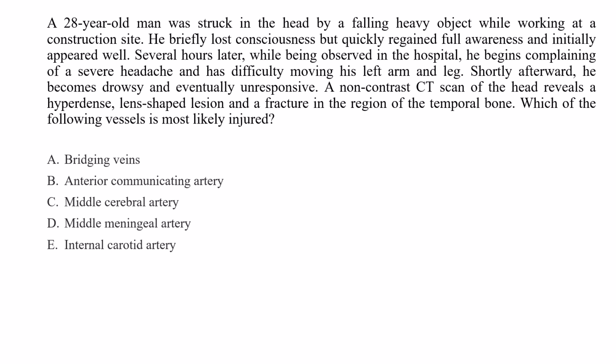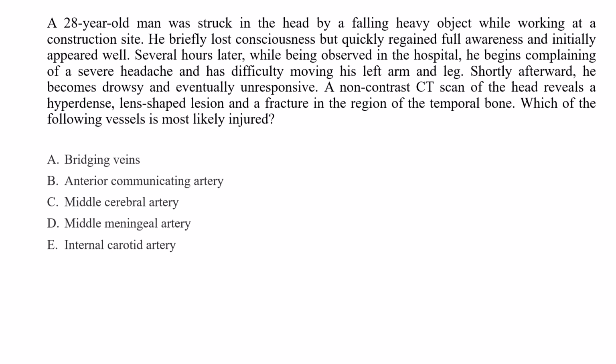Now, when approaching questions involving head trauma and neurological decline, you should keep these three key concepts in mind. Number one, analyze the timeline of symptoms by paying attention to patterns like initial recovery followed by deterioration, which can indicate specific types of brain bleeds.